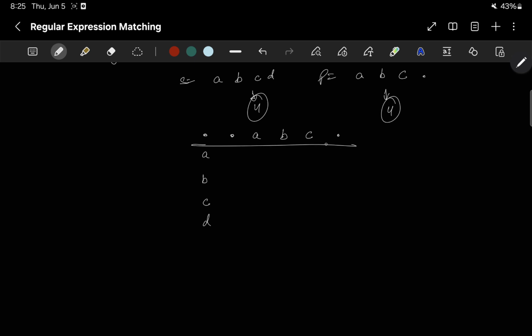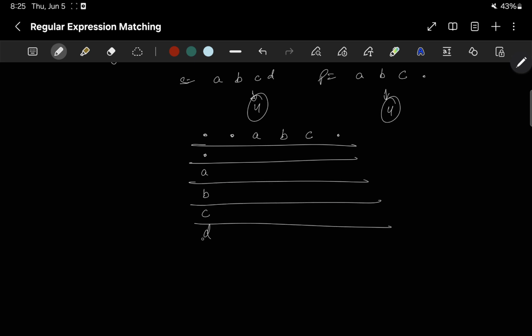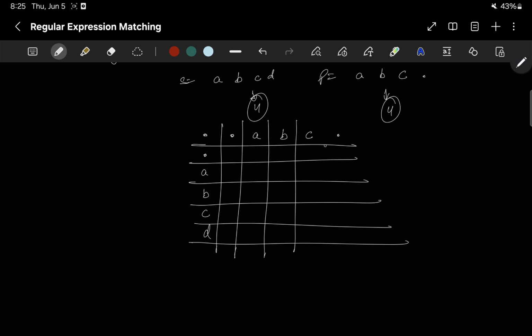So this will be empty, A, B, C, D. Now whatever the case is, we need to know if there can be empty strings, right?